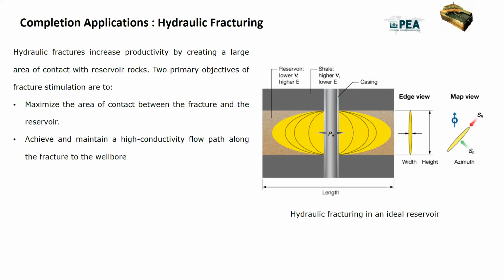I think that everyone in reservoir or production engineering, even the G&G, knows that hydraulic fracturing is a method for obtaining economic production from low permeability reservoirs, such as tight sand or shale gas reservoirs, and to enhance recovery in aging oil fields.